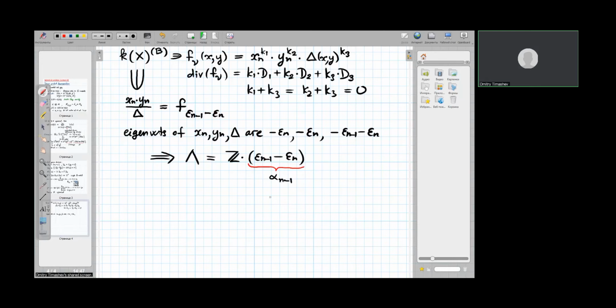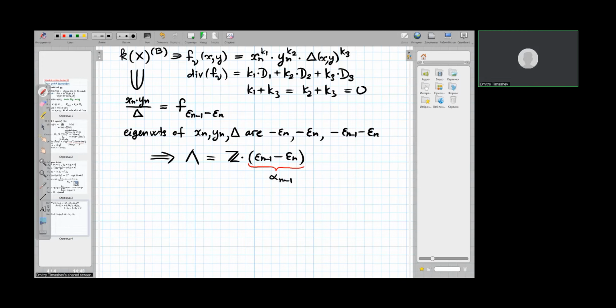It is the n minus first simple root of the group GL n. Alpha i is the standard notation for simple roots. There are n minus 1 simple roots, and this is the last one, which is this difference.